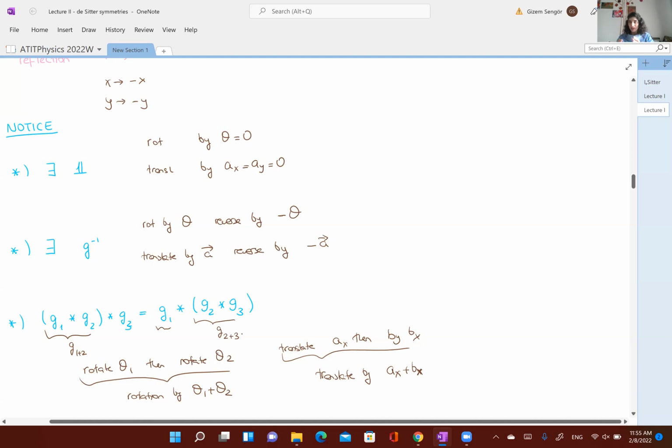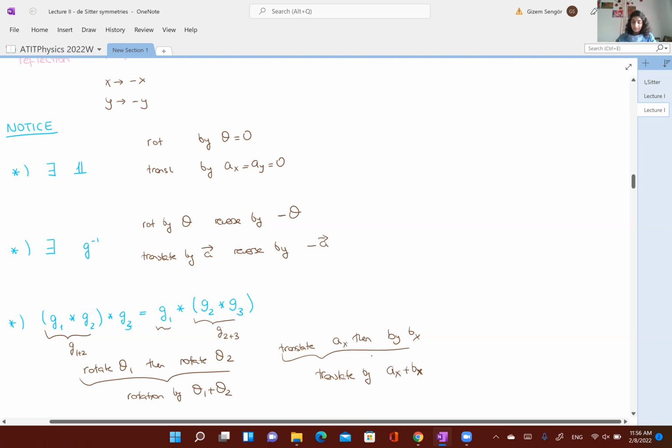The order is not changing, but the way you are breaking that huge transformation into smaller sub-translations is changing. And so this structure applies when you talk about rotations along the same direction or translations along the same direction.